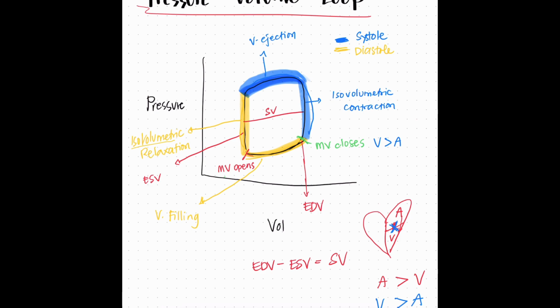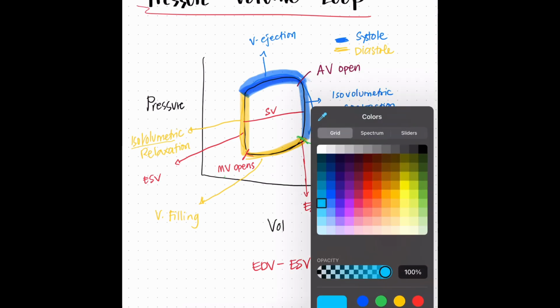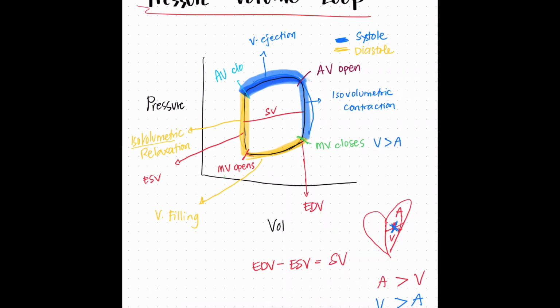Over here, let's use a different color. Over here is when your aortic valve opens. And then over here is when your aortic valve closes. Same thing, your aortic valve opens because now the ventricular pressure is higher than the aortic pressure.